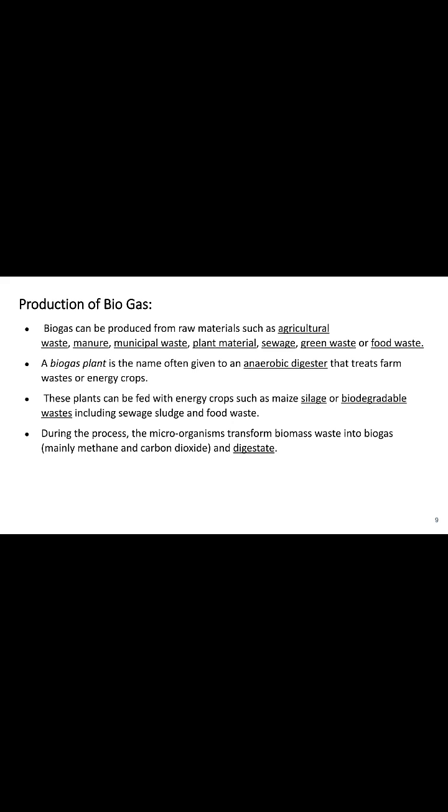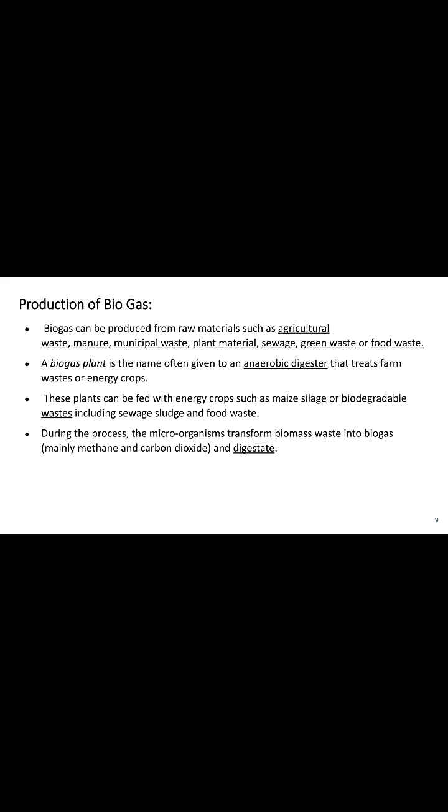Now, the important part is the production of biogas. Biogas can be produced from raw materials such as agricultural waste, manure, municipal waste, plant material, sewage, green waste, or food waste. A biogas plant is the name often given to an anaerobic digester that treats farm waste or energy crops.